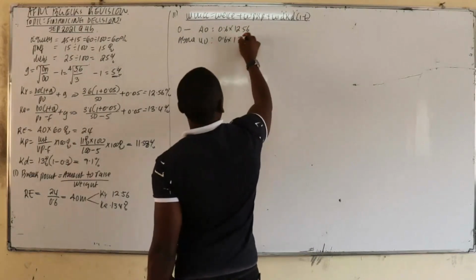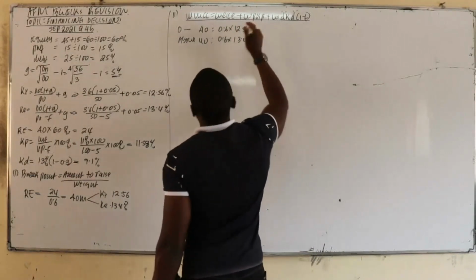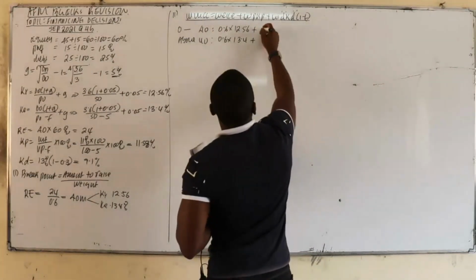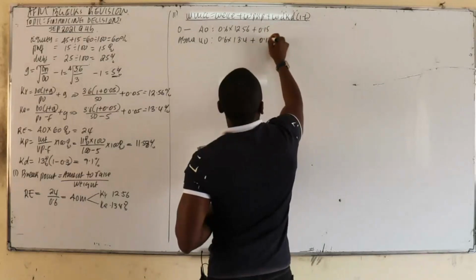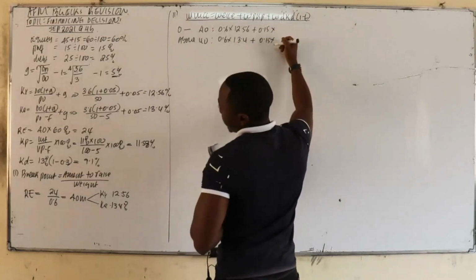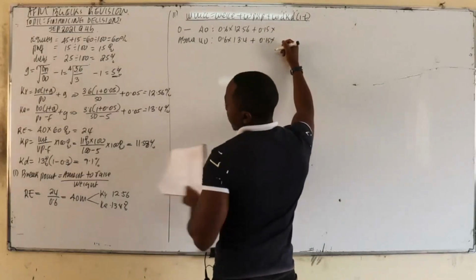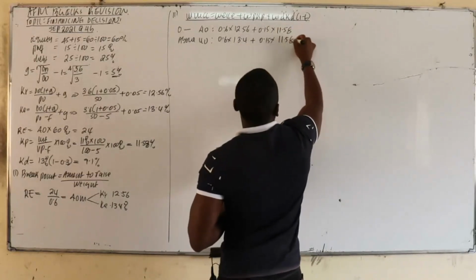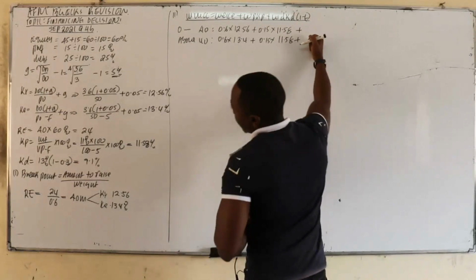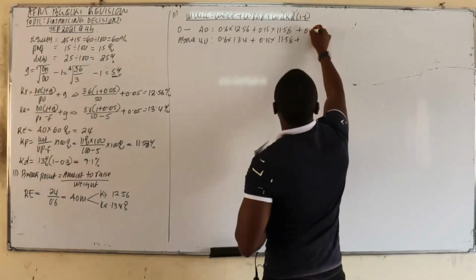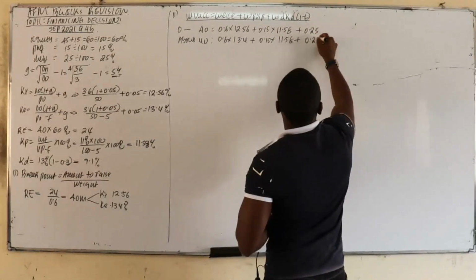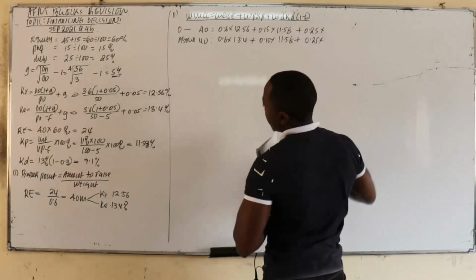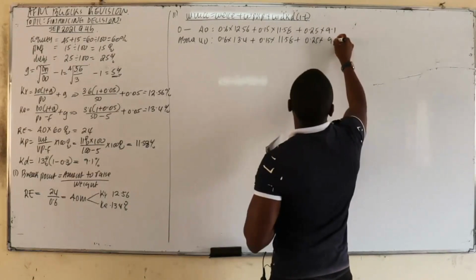Weight of preference shares is 0.15, and the cost of preference is 11.58. Then we have the weight of the debt. The debt represents 0.25, times the cost of the debt, which is 9.1.